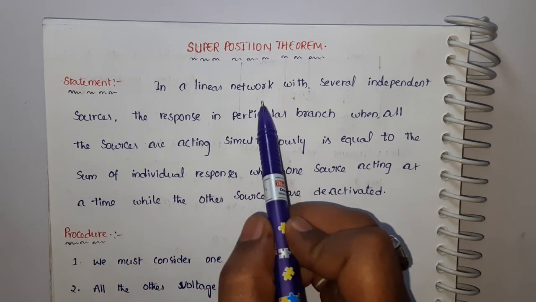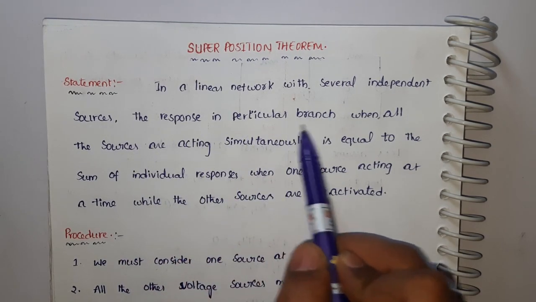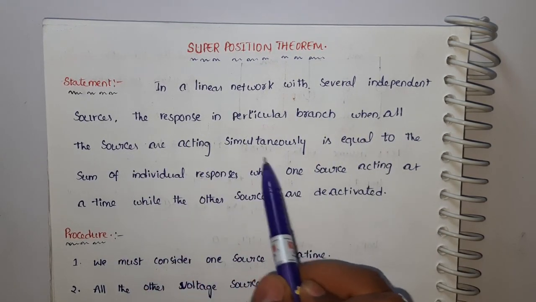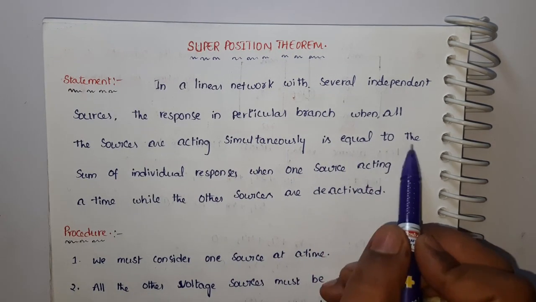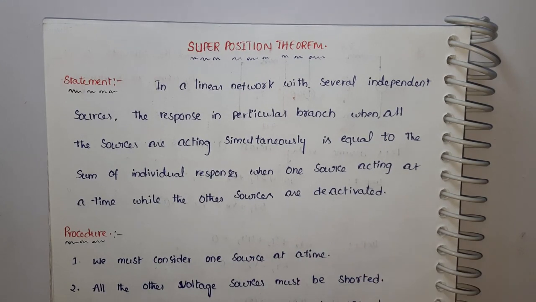In a linear network with several independent sources, the response in a particular branch when all sources are acting simultaneously is equal to the sum of individual responses when one source is acting at a time while other sources are deactivated. Suppose we have n number of sources.